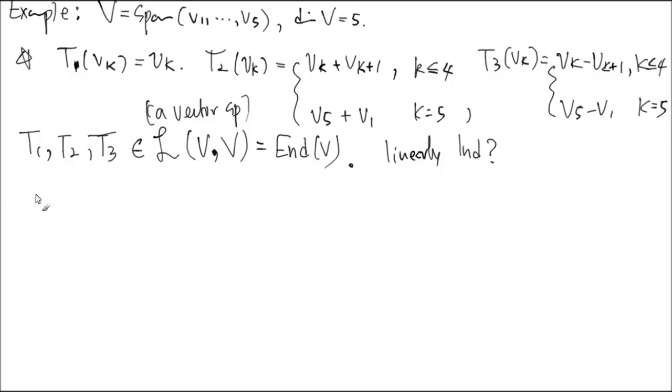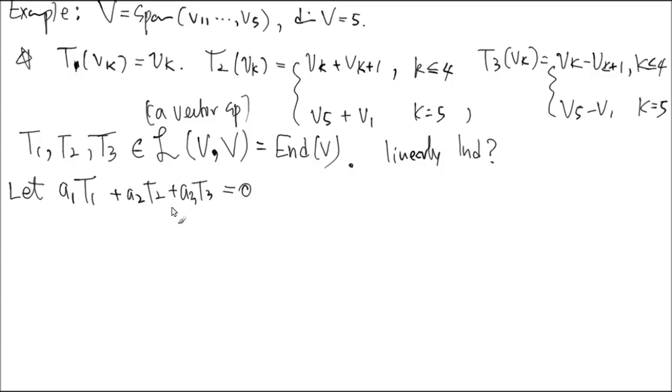What is the equation there? You write it down. Let something be 0. What is it? Scalar A1 times T1. T1 is not a vector V. It is a function, right? Multiplied by A1, plus A2 T2, plus A3 T3.